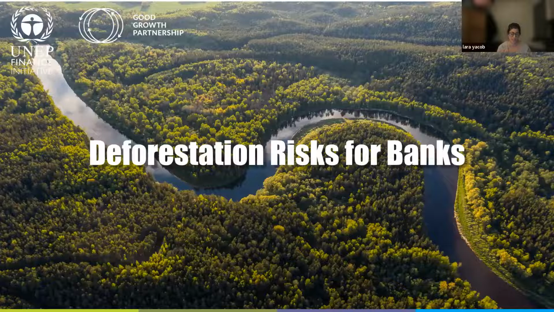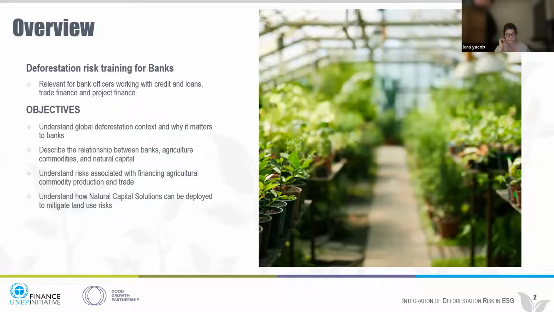The purpose of the seminar today is to provide insight into how banks understand risks, how they understand land use risk in particular when financing forest or agricultural commodities, and how they internalize those risks in their financing decision making.